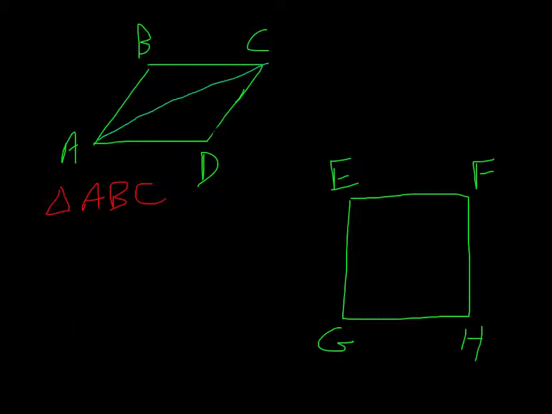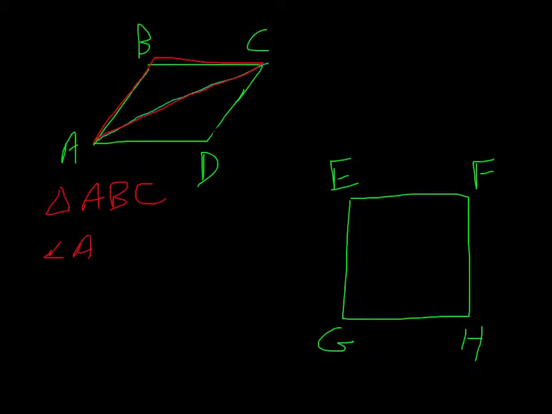Then we're going to look at this triangle here, A, B, C. Since we're looking at A, B, C, I'm going to go around it a little bit with some red so we can see what we're looking at. As you can see, we have an acute angle. So we're going to name off the angles, starting with angle A.